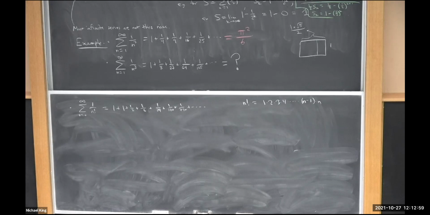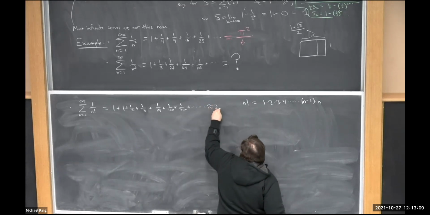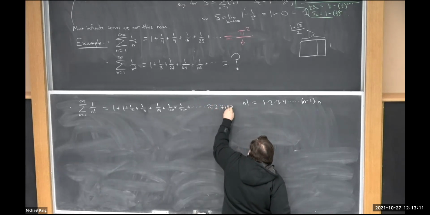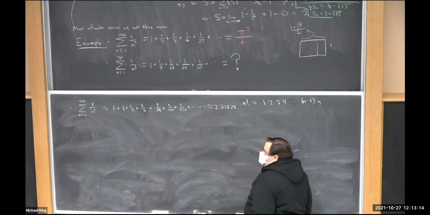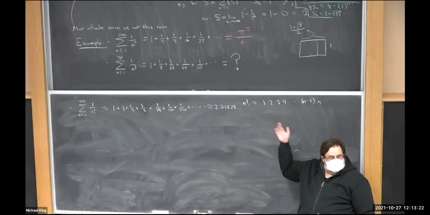If I ask a computer for the first 1,000 terms, it's going to give you about 2.71828. Does that look familiar to anyone? What number is that? It's e. So it turns out this equals e, which is kind of astonishing.